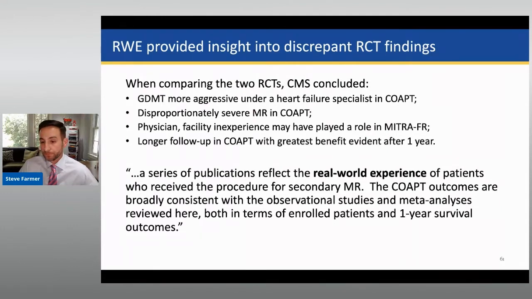These observational data reflect less meticulously selected patients and delivered TEER under a broader range of conditions and at a broader range of facilities with perhaps less trained providers than was true in the COAPT study. And that gave us greater confidence that we could rely on COAPT outcomes to provisionally provide coverage for this.